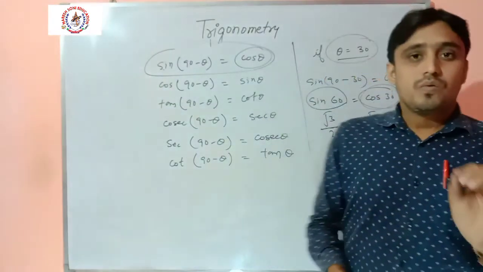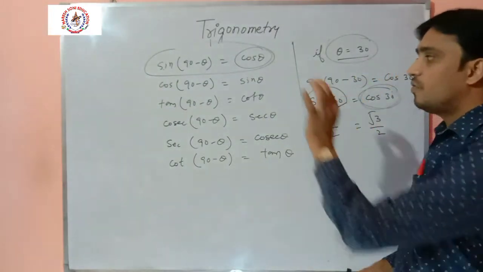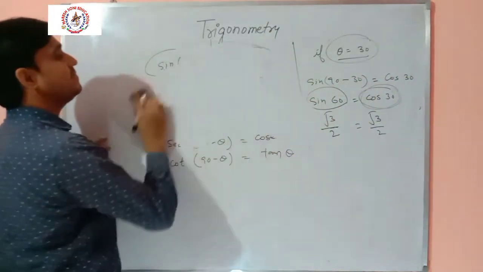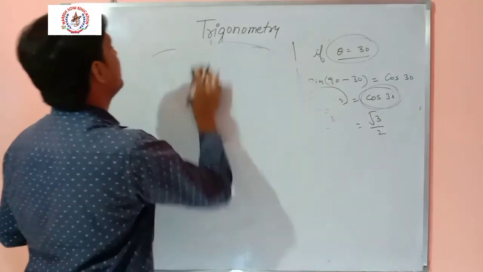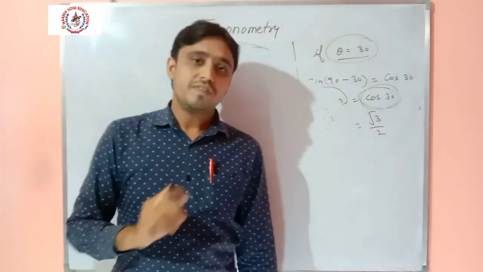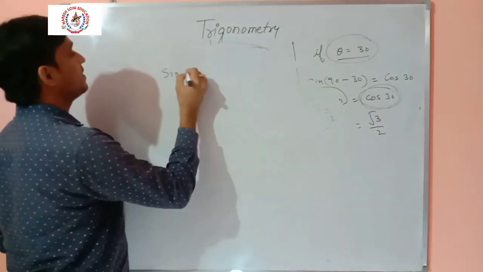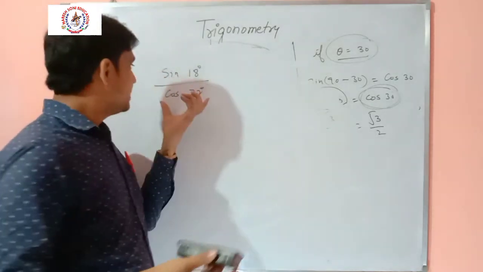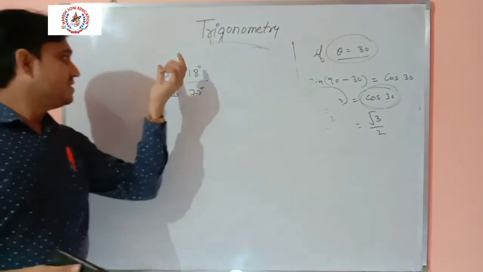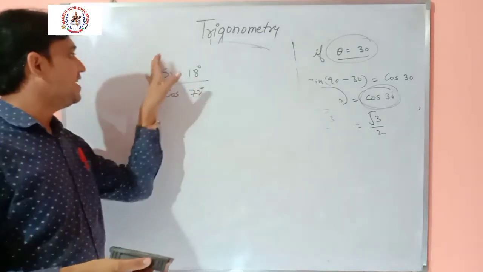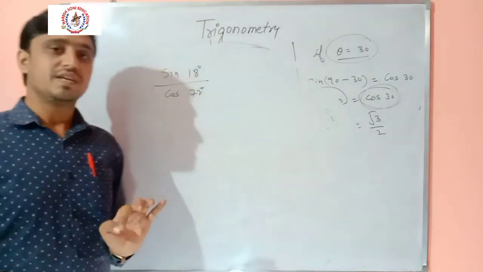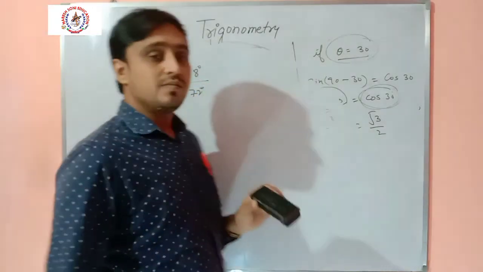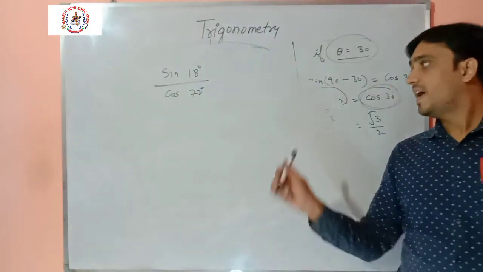Which kind of questions will be given for these complementary angles? Let's see one example. You have to find the value of sine 18 degrees upon cos 72 degrees. How will you find it? You will use the trigonometric ratios of complementary angles.